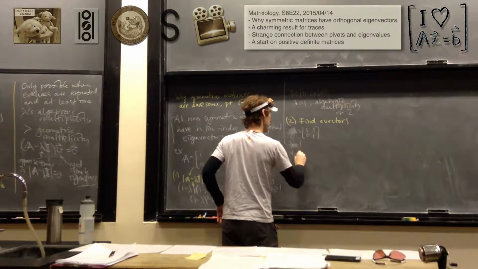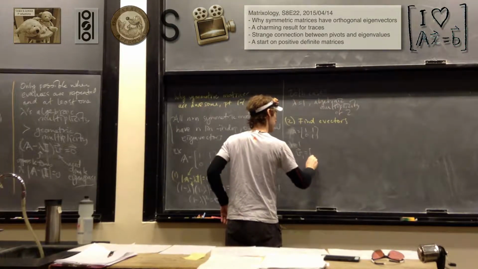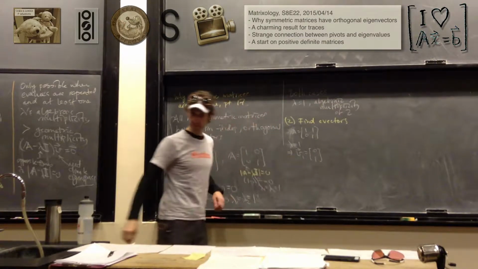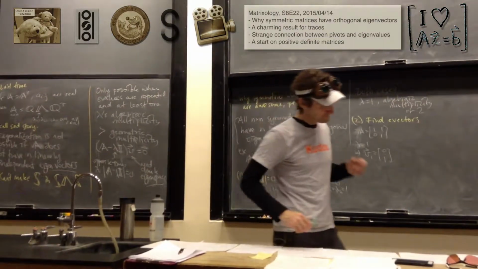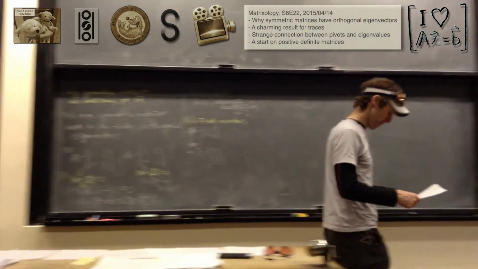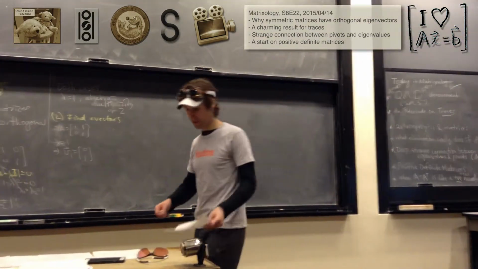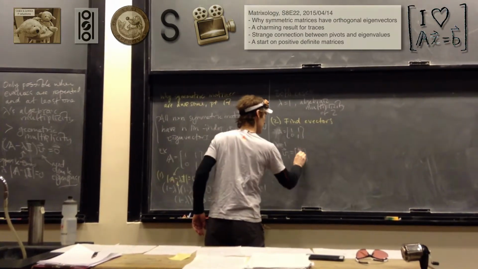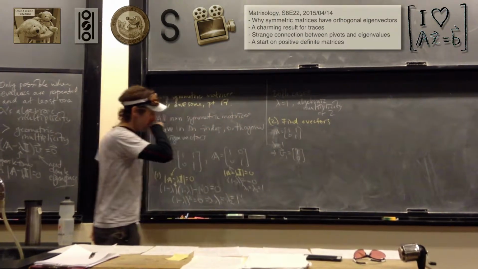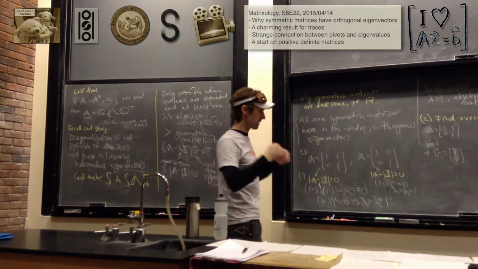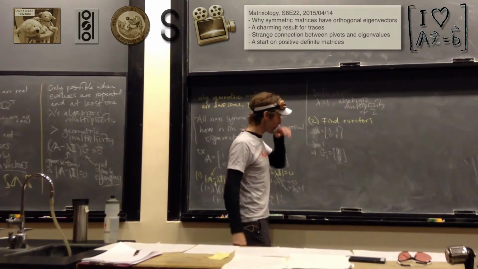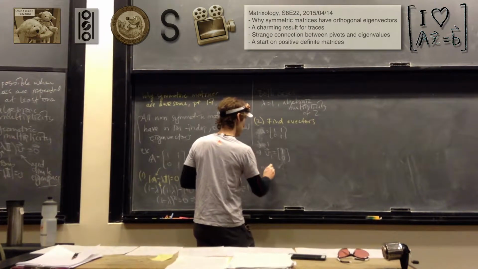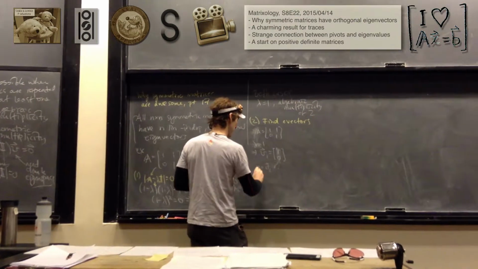It only gives us V1 equals [1, 0]. Good, but no V2. So this is a bad matrix.